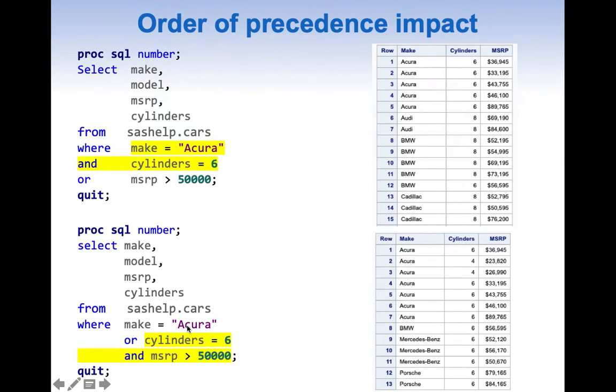Now let us try to understand by seeing the results on the right. First it will execute cylinders equal to 6 and MSRP is greater than 50,000. That is the result here, which shows cylinders equal to 6 and MSRP greater than 50,000.